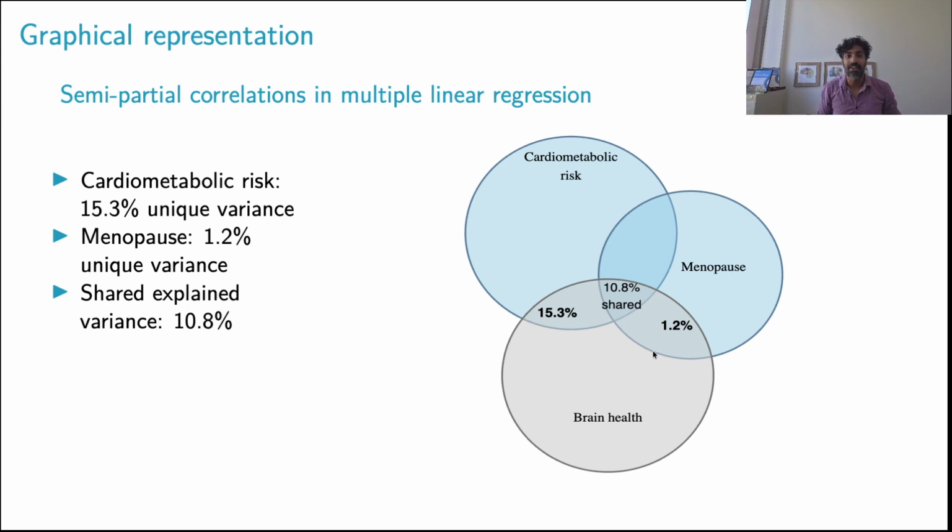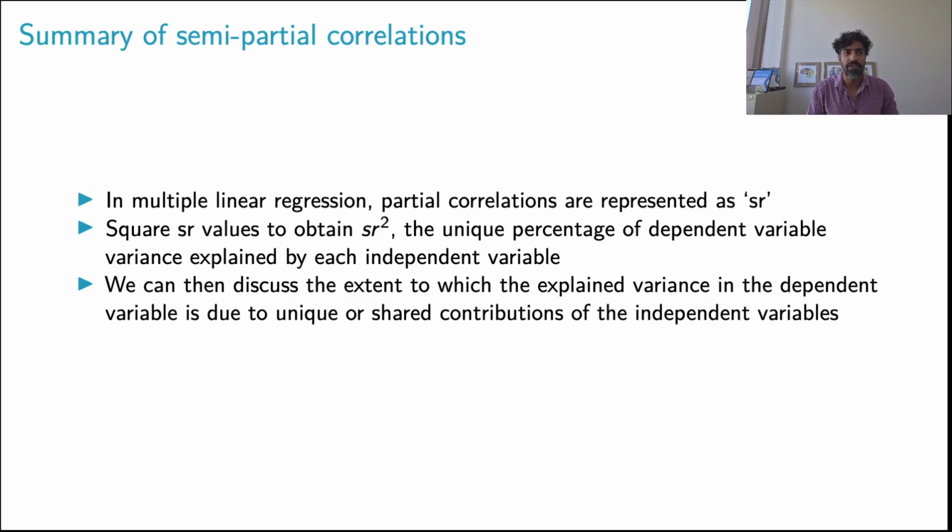It's just about unique variance, and you can see how it can be useful if you want to get a sense as to, okay, these are all the predictors that I have, but what about individual predictors? What are their individual contributions? So in summary, in multiple linear regression, semi-partial correlations are represented as SR, and you square the SR values to obtain SR squared, which is the unique percentage of dependent variable variance explained by each independent variable.